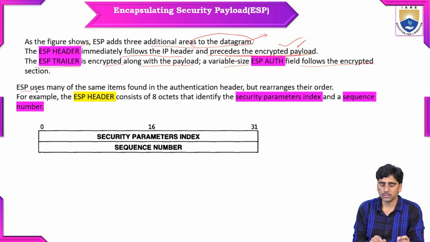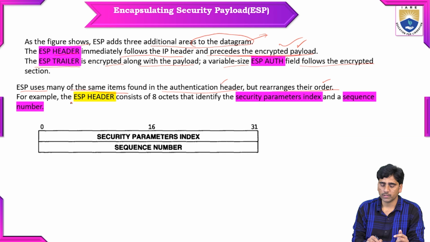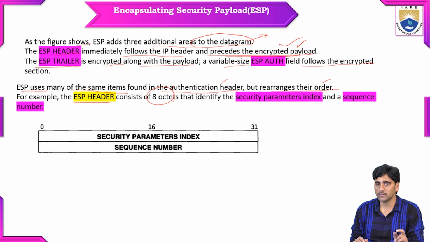Here ESP uses many of the same items found in the authentication header, but rearranges their order. For example, the ESP header consists of 8 octets that identify the security parameters index and a sequence number.